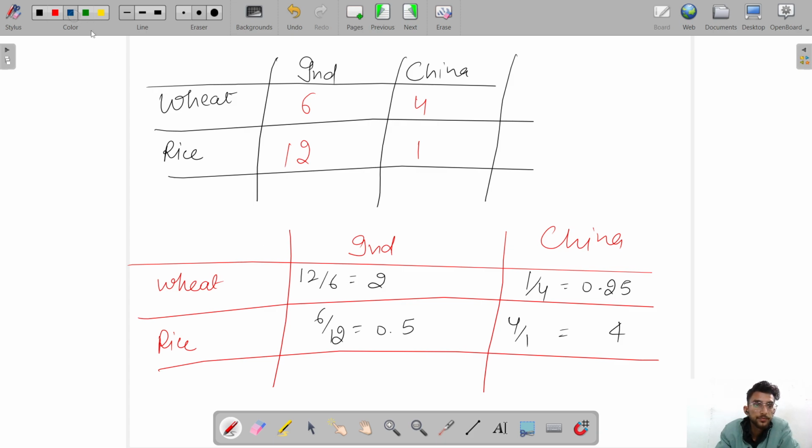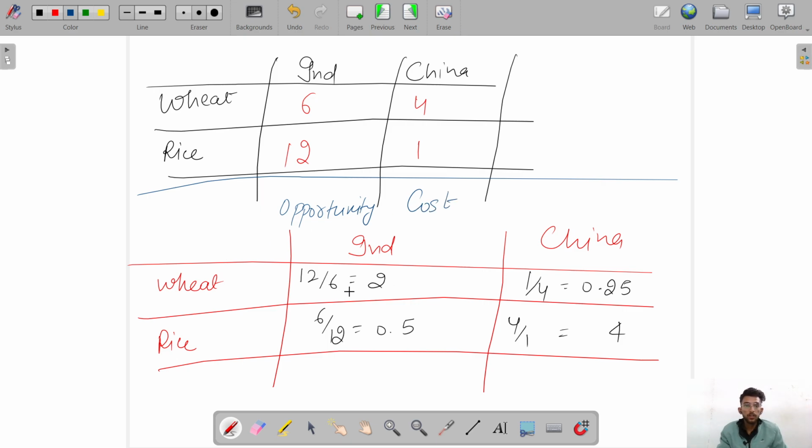To produce 1 kg of wheat, India has to give up 2 kg of rice. So 2 kg of rice is the opportunity cost for 1 kg of wheat. In the same way, 0.5 kg of wheat has to be given up for 1 kg of rice.